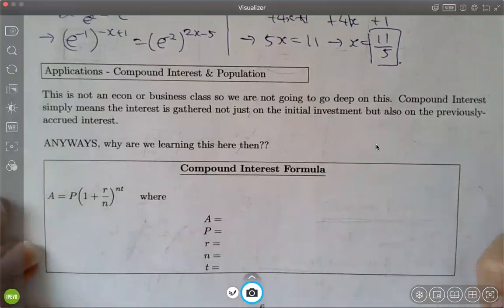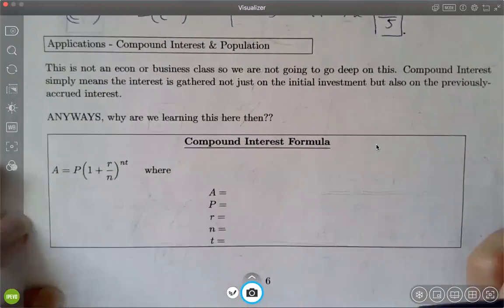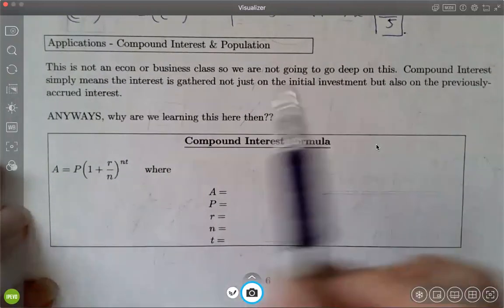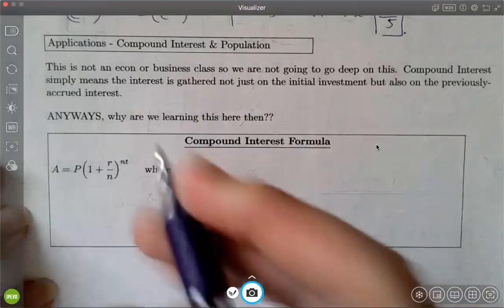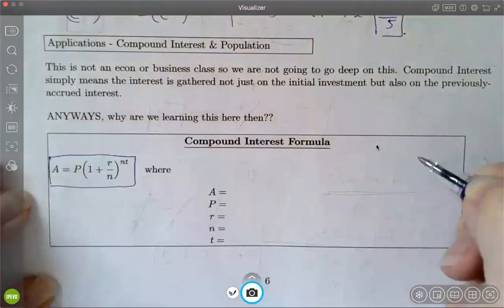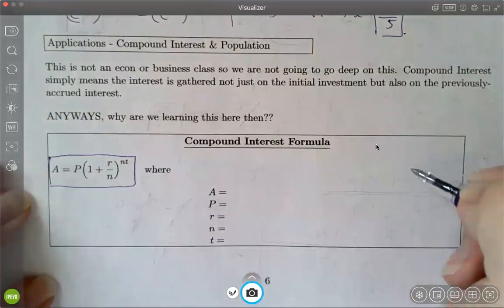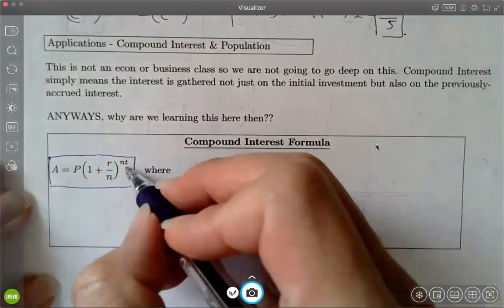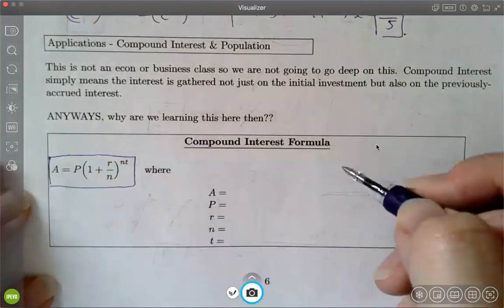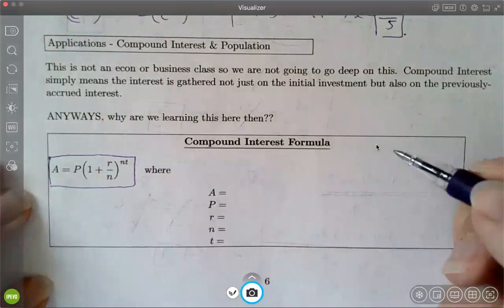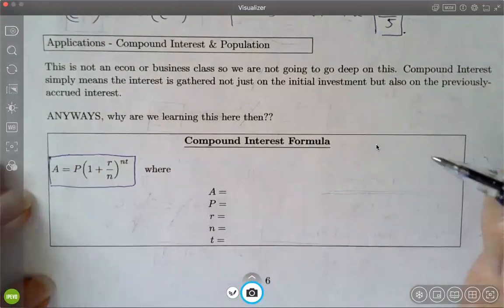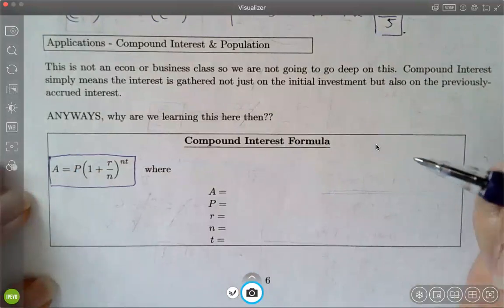But that's not the point. So why are we seeing this here? Because the compound interest formula is this one. And as you can see, what do we have? Exponent, right? That little nt. So which is why we study it here. Now there are 5 letters, A, P, R, n and T, and each letter means something.